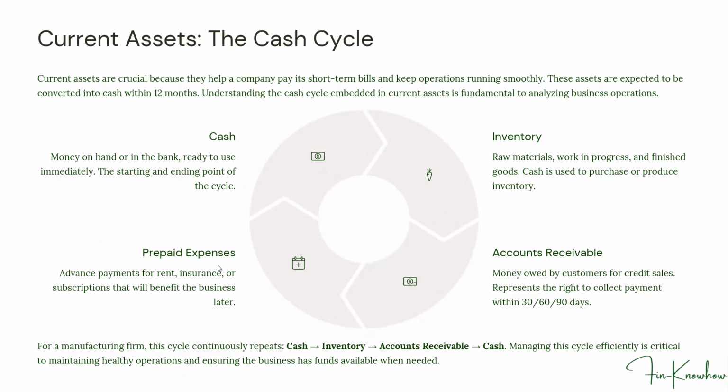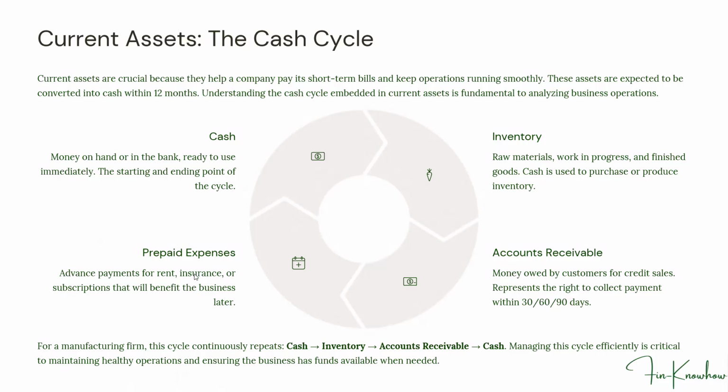And then finally, the last piece of the current assets list is prepaid expenses. These represent expenses that have been paid because, for instance, if you are buying insurance, you don't pay for insurance after the fact. You have to pay for insurance ahead of time. You typically pay for the insurance at the beginning of the month.